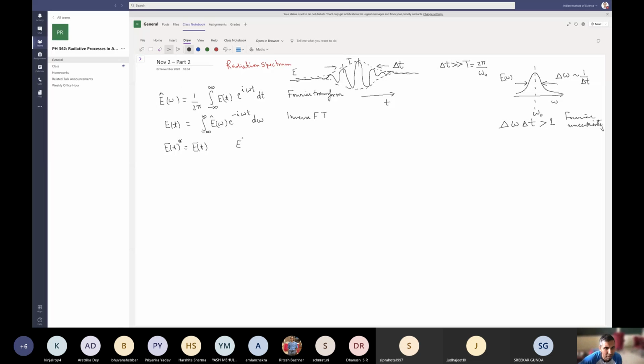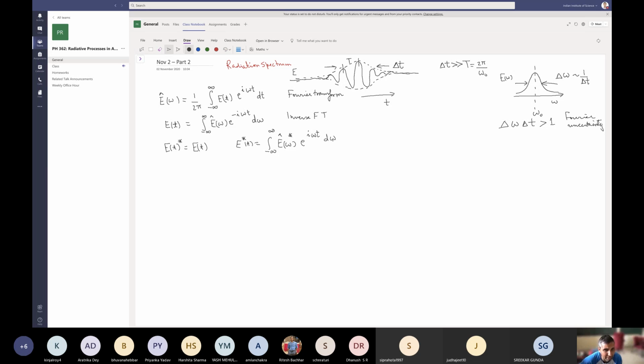E star of t is equal to the integral from minus infinity to infinity of E hat omega star, and in general E and E hat are complex numbers, times e to the plus I omega t, complex conjugate, d omega.